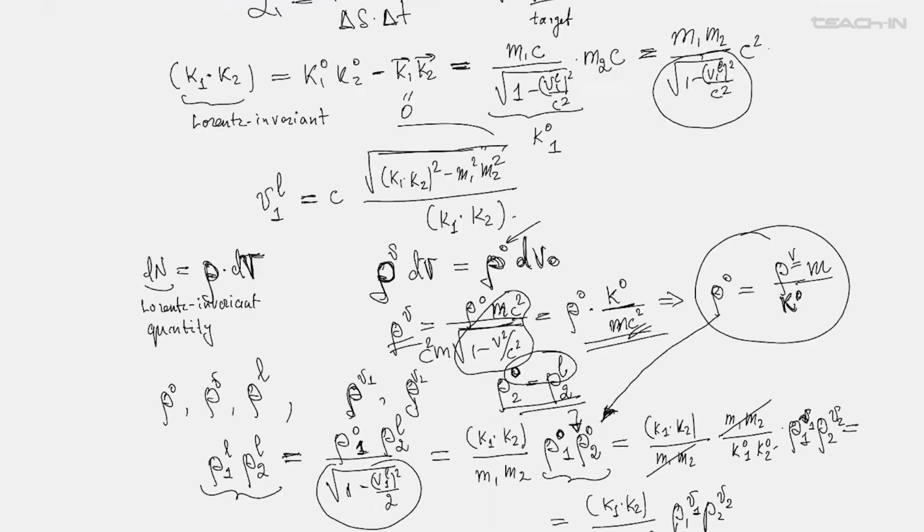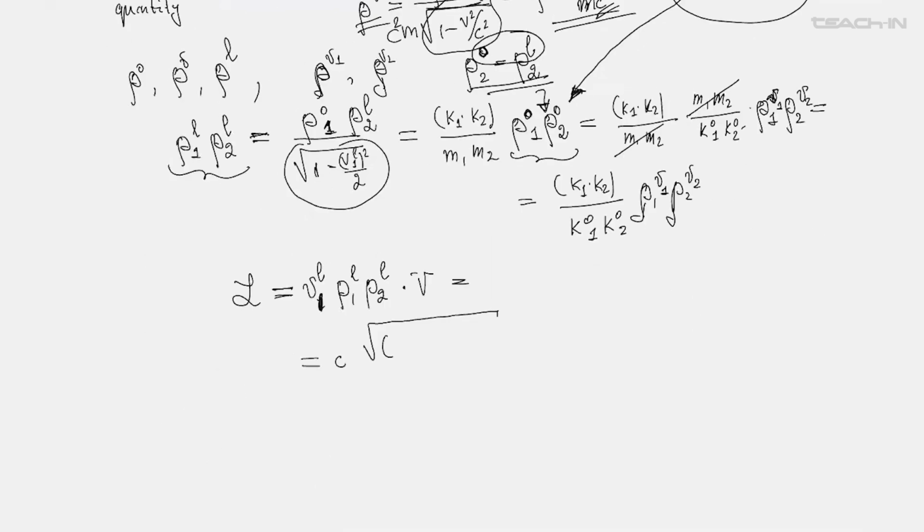So this is the square root of K1, K2 squared minus M1 squared, M2 squared, divided by K01, K02. And this is multiplied now by the product of densities in the laboratory frame, which we have found here. And this gives us, let's see what it gives us.